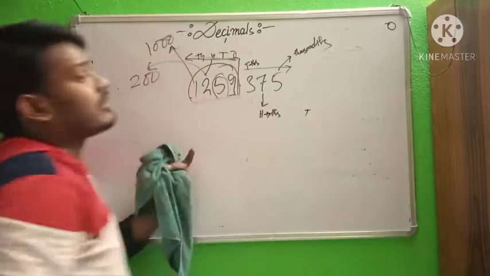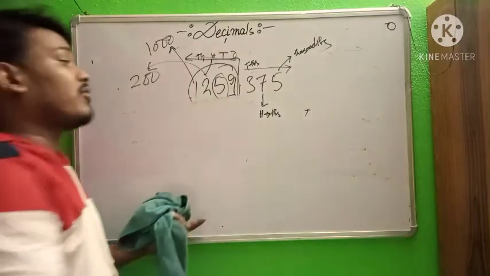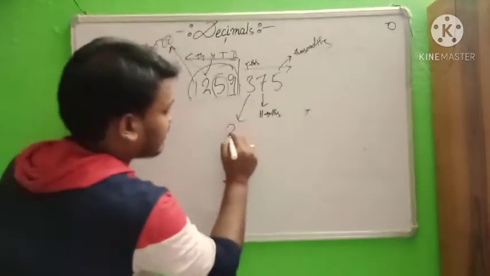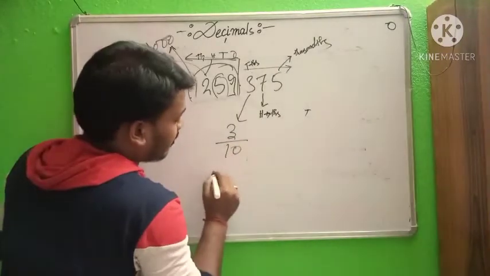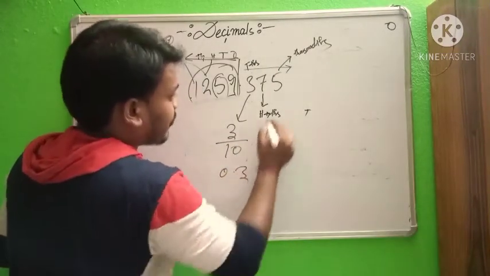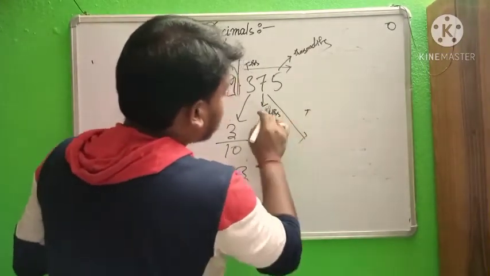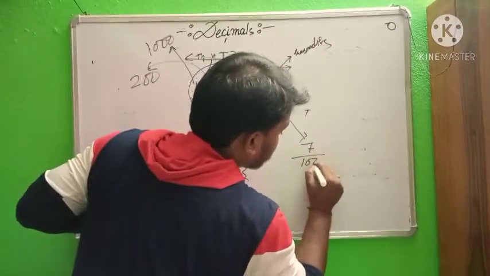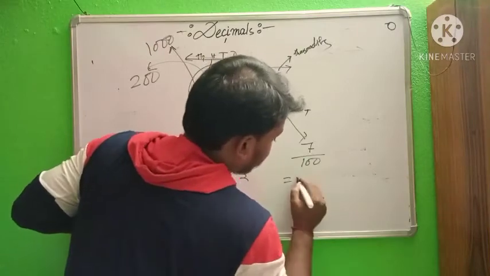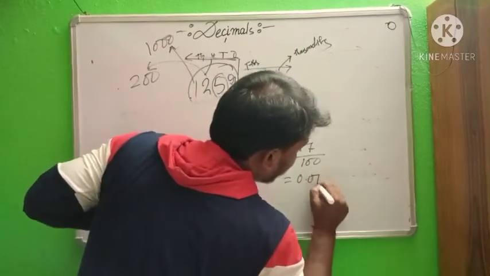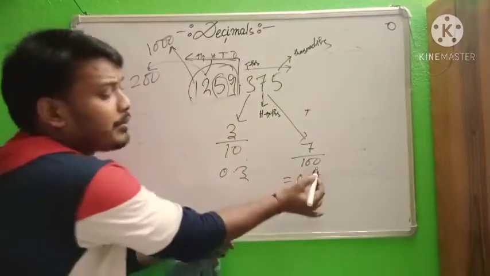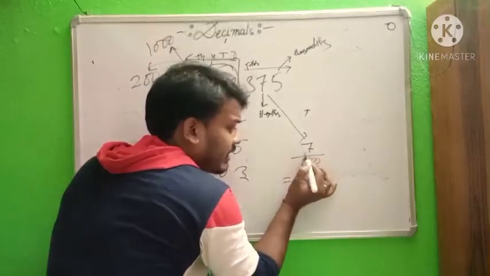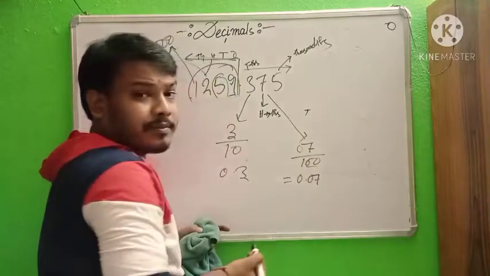Thousandths. Okay. So the place value of 3 is 3 tenths, that means 3 by 10 or 0.3. The place value of 7 is 7 hundredths, that means 7 by 100 or 0.07. Why 0.07? Because there are two zeros. So in your mind make it 2 digits. So 07.